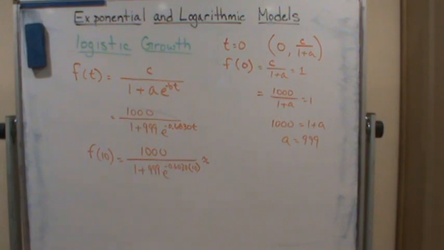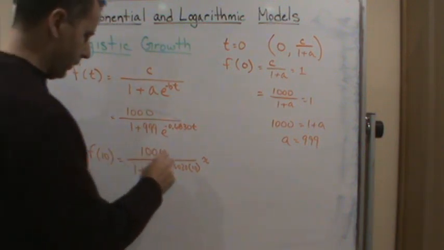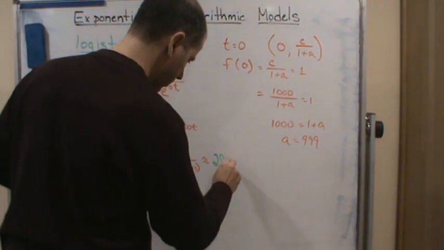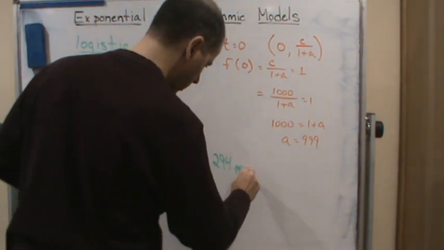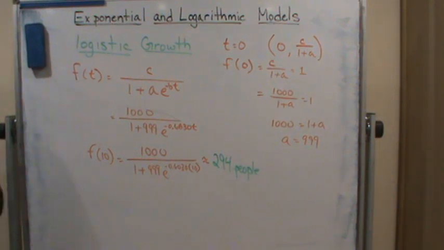Okay, we're going to round because obviously we can't have a fraction of a person. So I'm going to say 294 people. So approximately 294 people will have had the flu after 10 days.